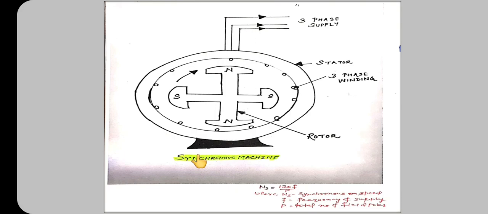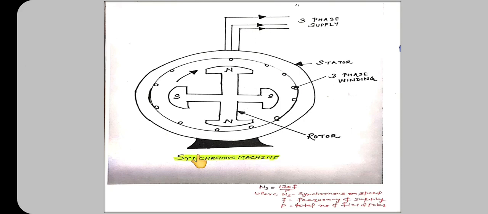So, the idea that the armature will always be the rotating member of the machine is not always true. Rotating machines that rotate at a fixed speed determined by frequency and number of poles are called synchronous machines. As we know, the formula for synchronous speed is Ns = 120f/P, where Ns is the synchronous speed in rpm, f is the frequency of supply, and P is the number of field poles.